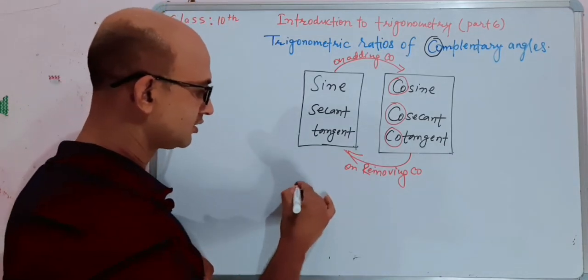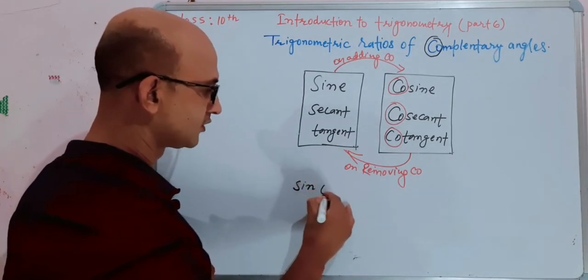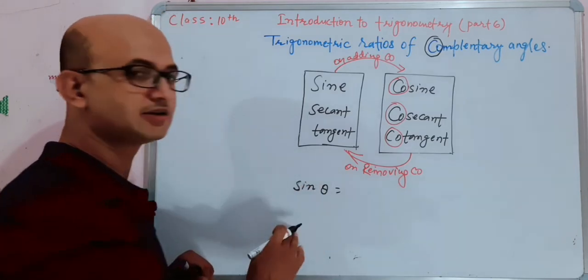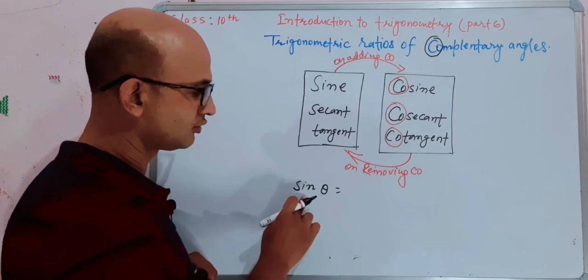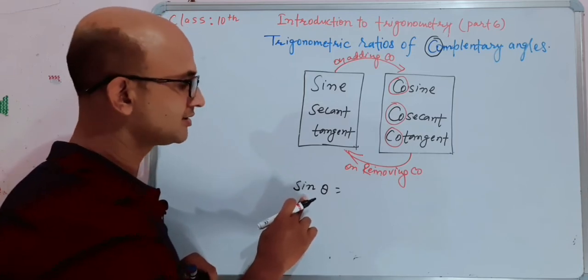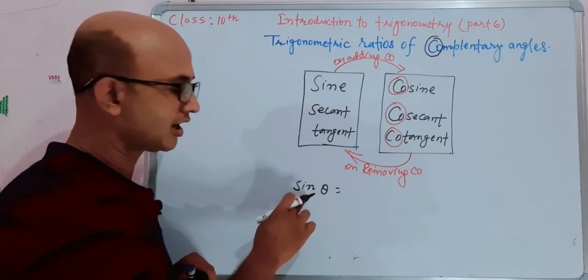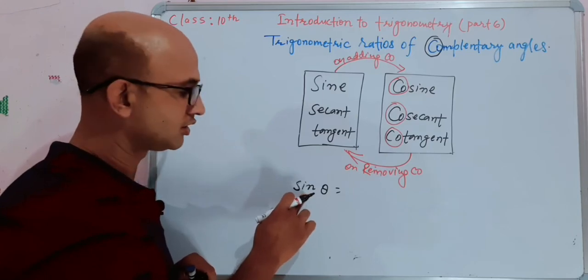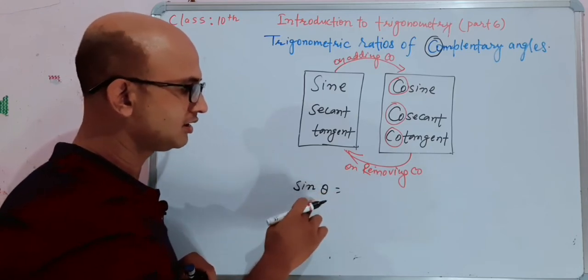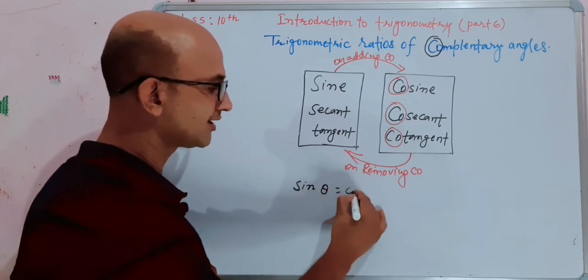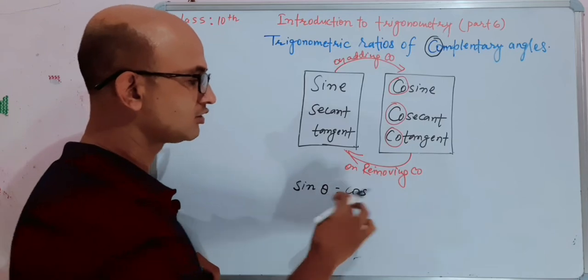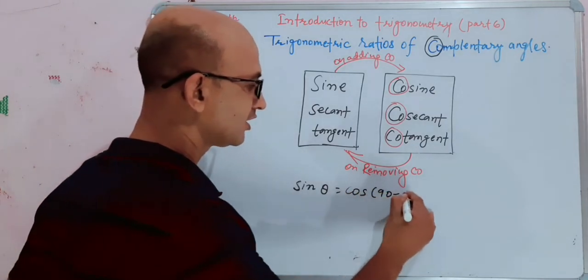For example, if we have to find complementary of sine theta, as you can see here, the trigonometric ratio sine is a trigonometric ratio having name without co. Therefore, its complementary will be obtained by adding CO with it. So we get cosine, and complementary of theta is 90 minus theta.